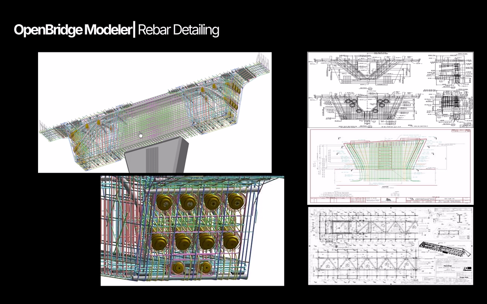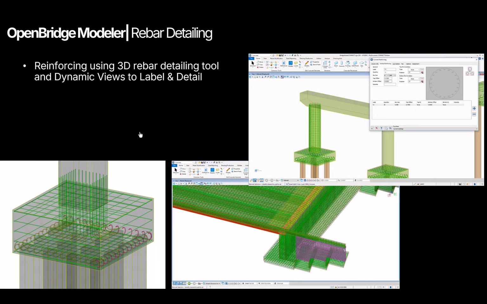Another advantage of having a 3D model is the ability to do rebar detailing in 3D. This reinforcement is done even directly on the file or on a reference file, and even separating these different elements that we need to detail even to different operators, and then all together reference all that information to having a complete bridge detail.